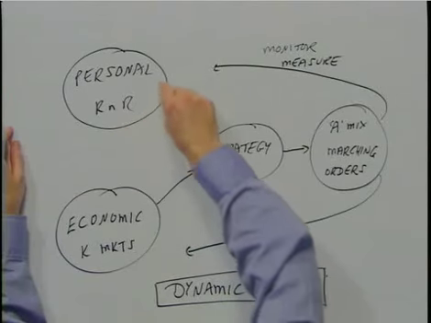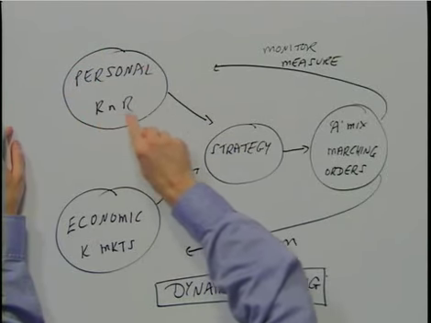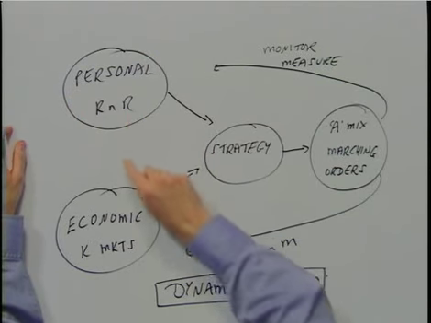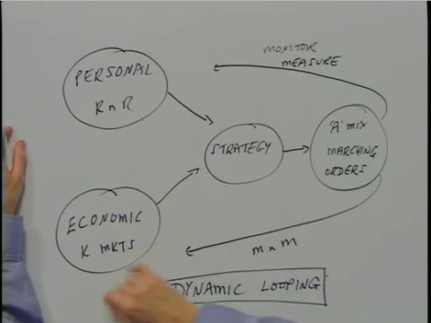Again, it begins with personal related issues, what I call R&R, risk and return objectives and risk tolerance, risk preference. We also feed in more generic economic-related capital market expectations, the read on the economy, the read on expected rates of return.